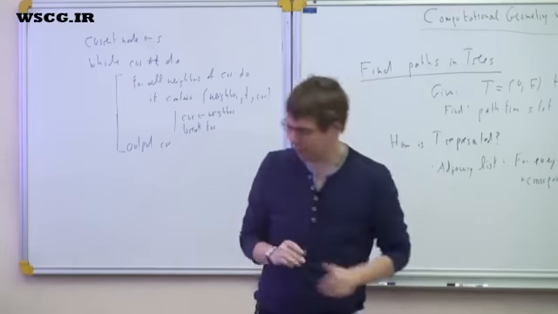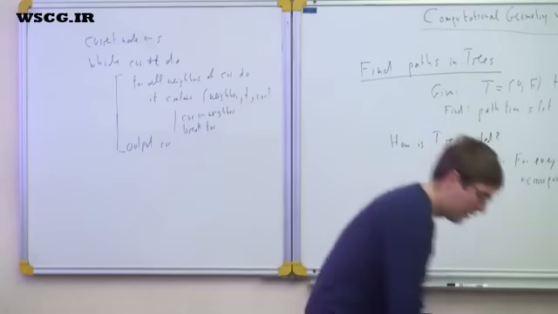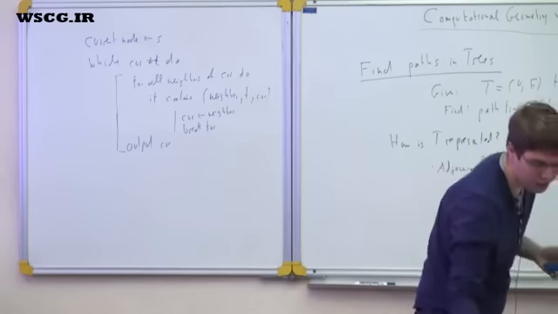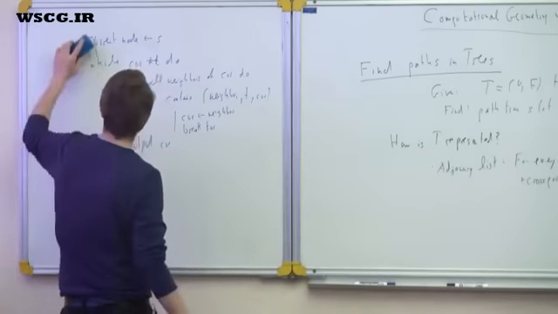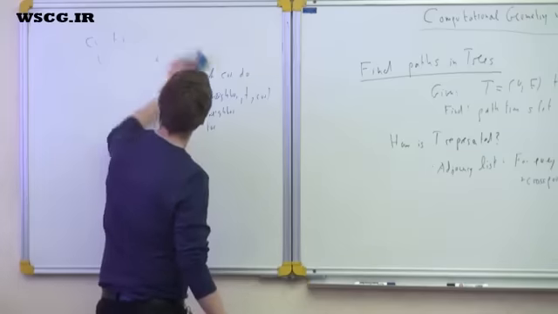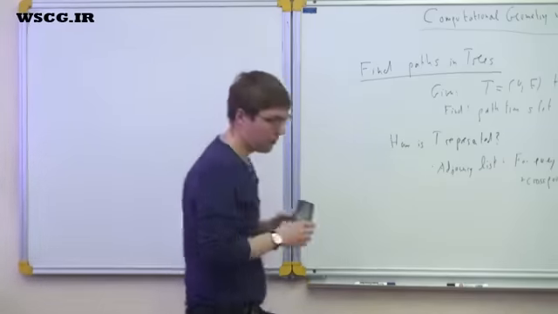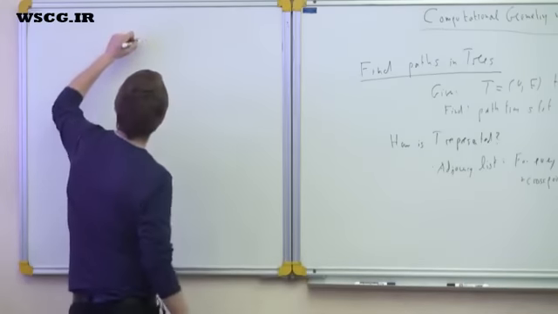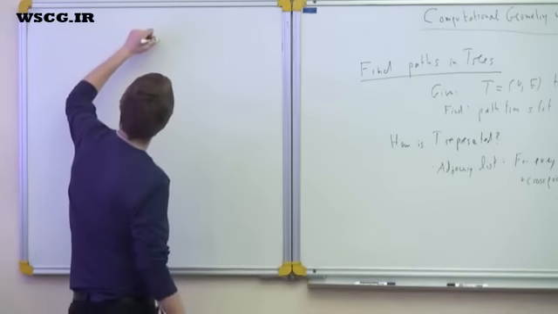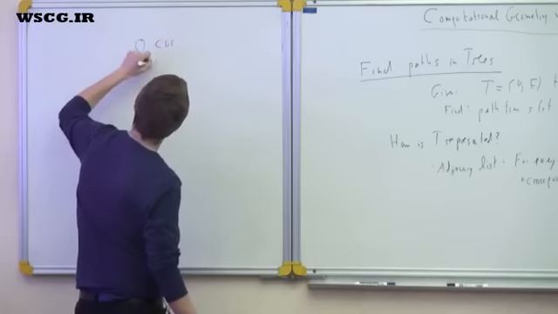Let's see, how did this work? Maybe let me draw a picture of how this works. You have this node current, and you go down to this node neighbor.